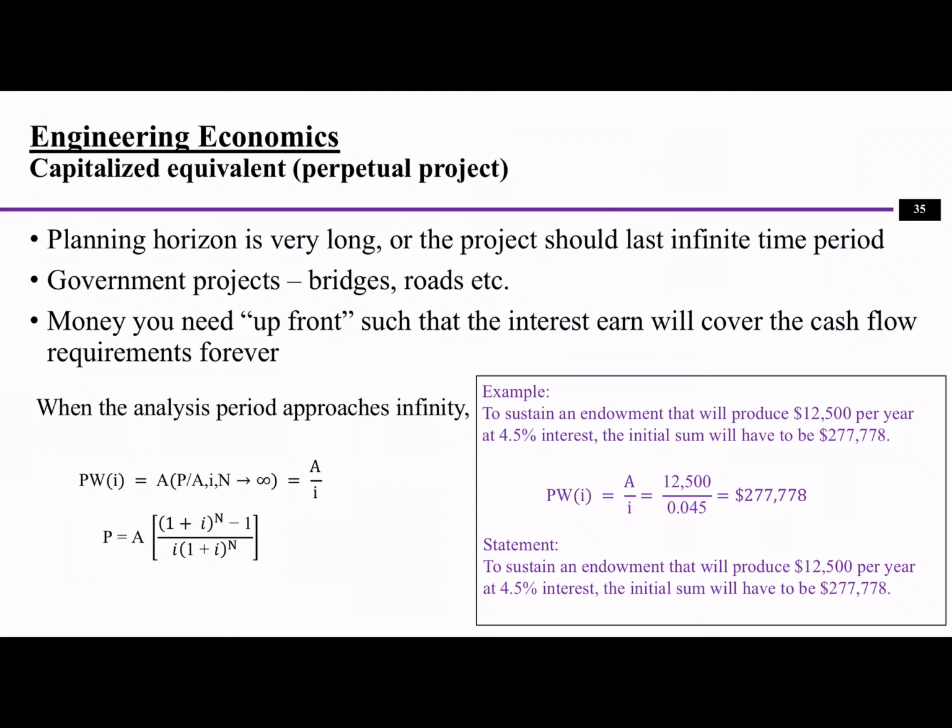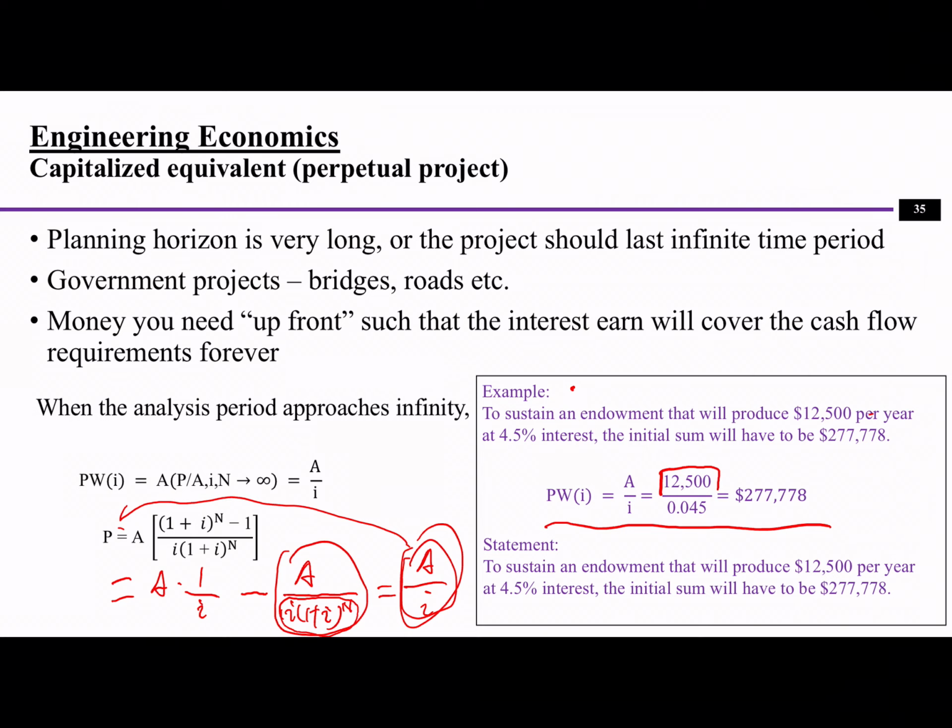The equal cash flow is $12,500 per year, and the interest rate is 4.5%, so 0.045. Then we can calculate the present value, which is $277,778.